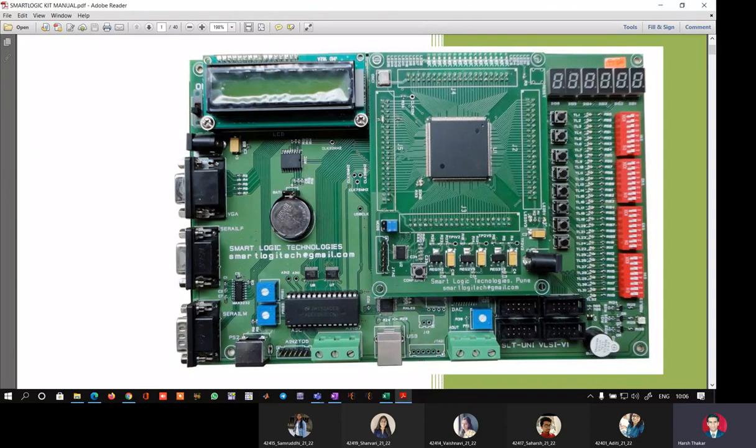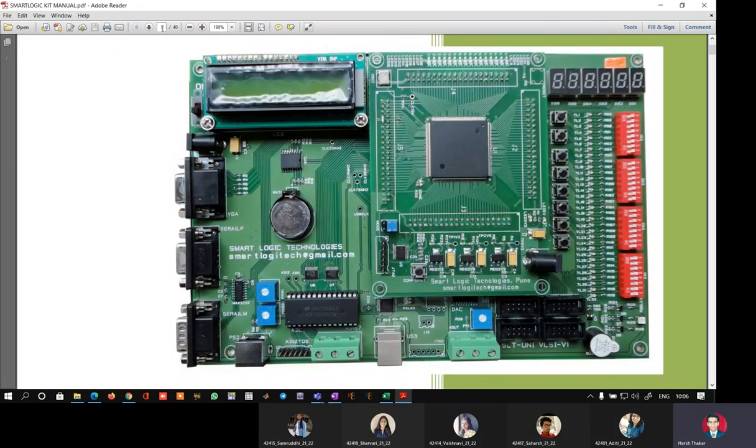When the push button switch is not pressed, it generates a logic 0, and as long as the switch is pressed, it generates a logic 1. That means reset and preset can be given to these switches. Suppose I want to give my reset signal through the first push button switch, I should know which pin of the FPGA it is connected to.